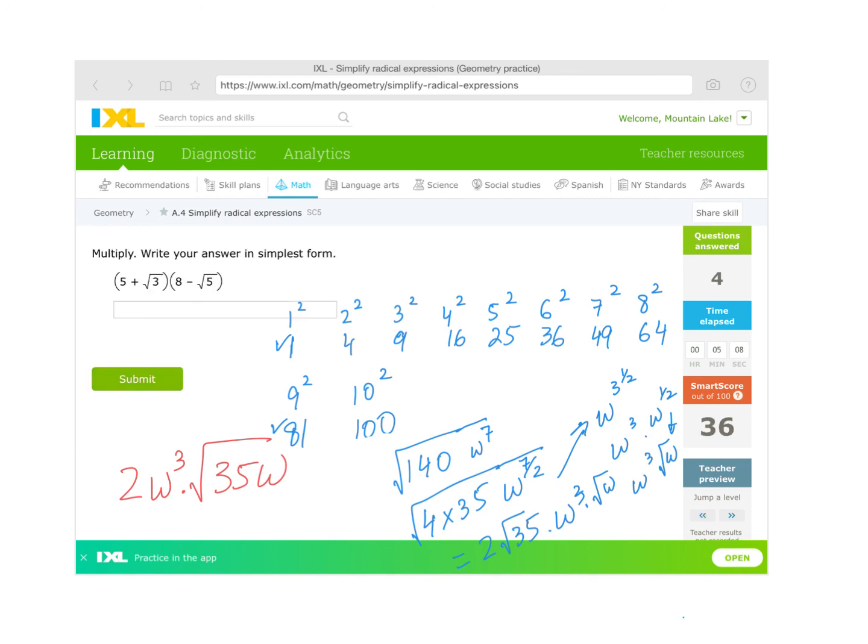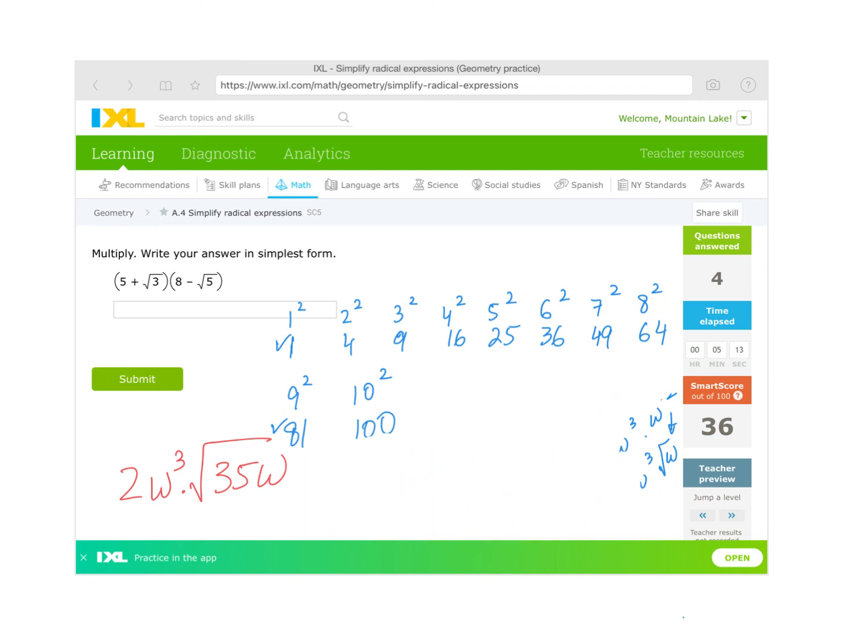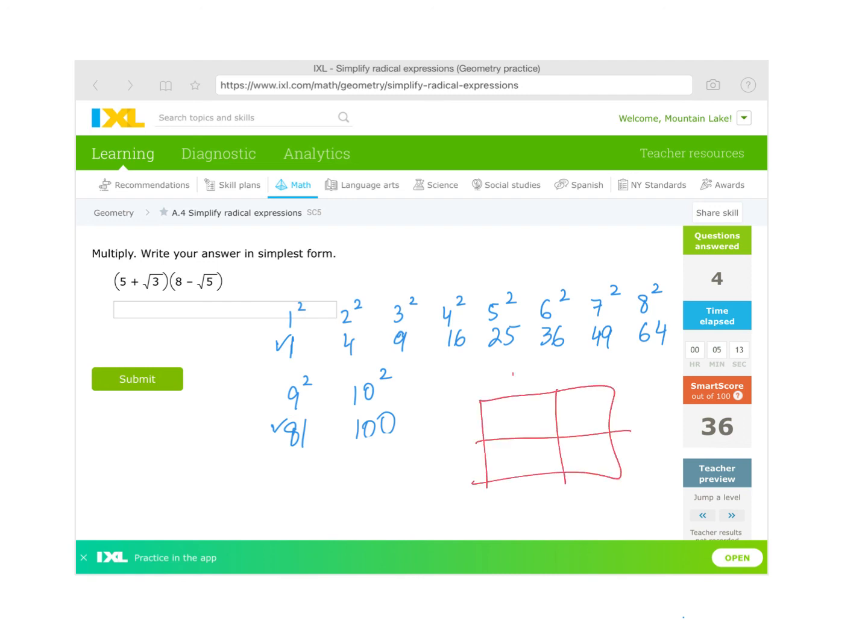There. That works. And then when you have something like this, you can make a box. Remember that? Just make a box for this. This is similar to that idea. So you've got 2 parentheses. Make a box. 5 square root 3, 8, negative square root 5.